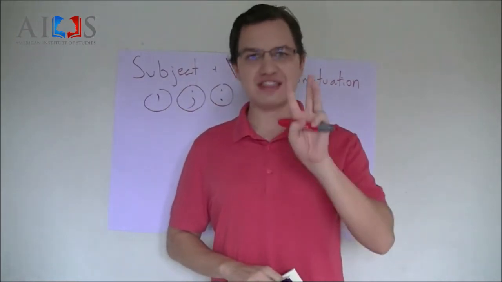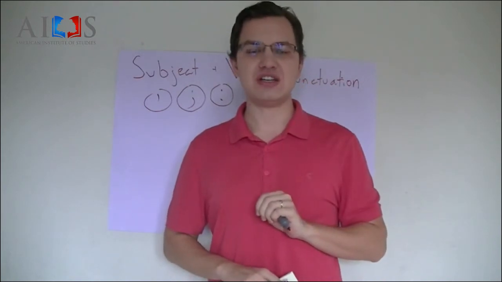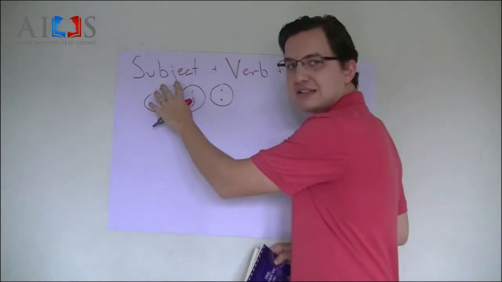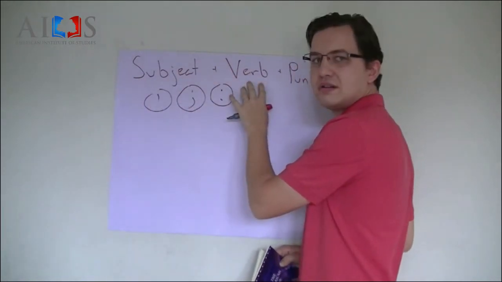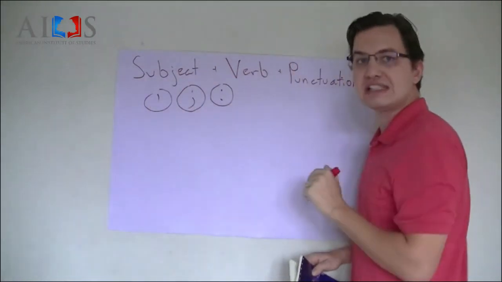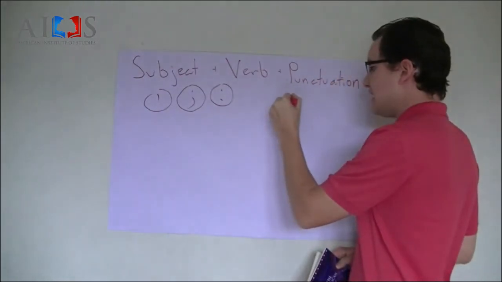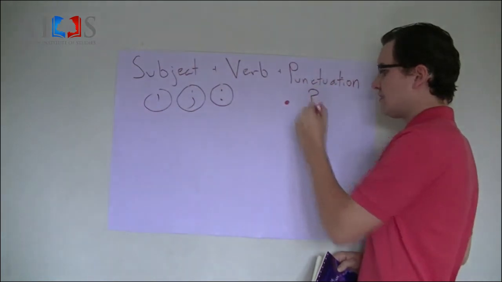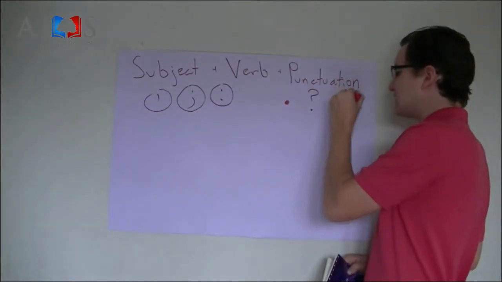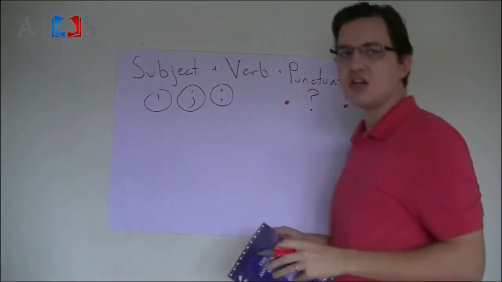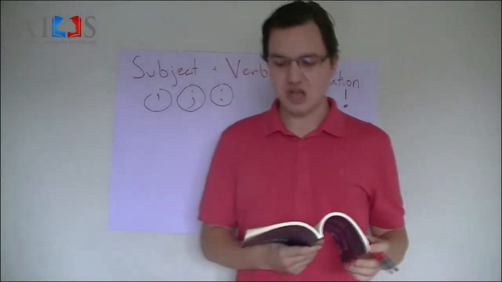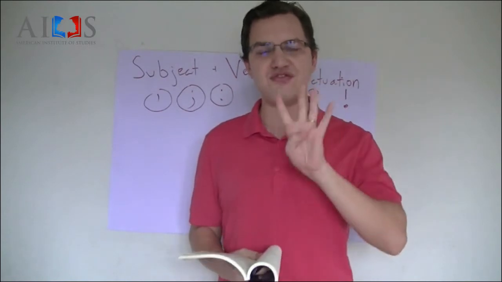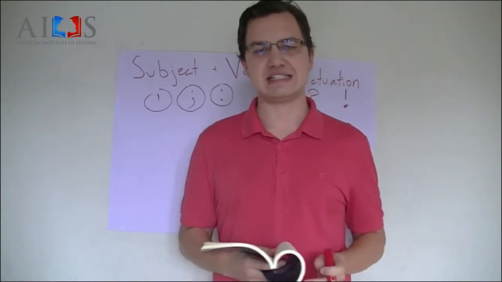And there's only 3 kinds of punctuation that can finish a sentence. So if you have a subject and a verb, and you want to end your sentence, you can use a period, a question mark, or an exclamation mark. So if you look in the book on page 87, you will see the list of the 4 kinds of sentences.